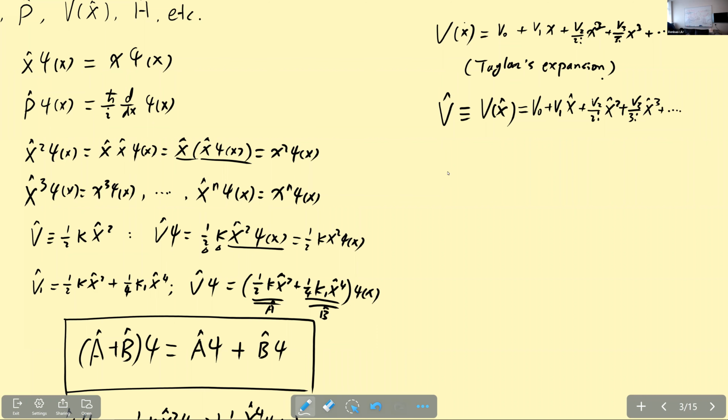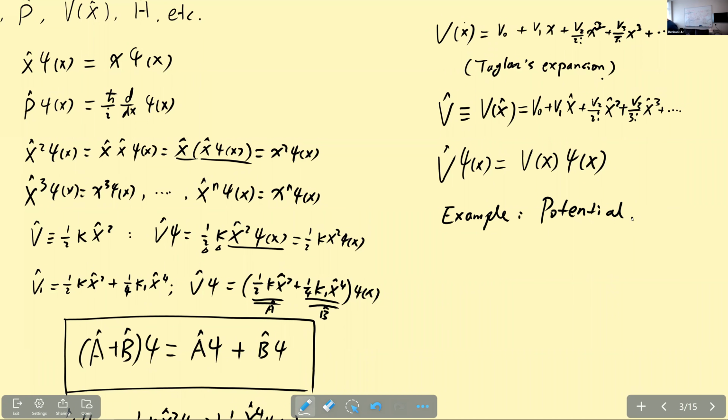And then you can immediately say that if you act this one on a wave function, just follow the same procedure we have done with the simple example before. So this will equal nothing but just V of x times psi of x, right? So this is a way that the potential, right?